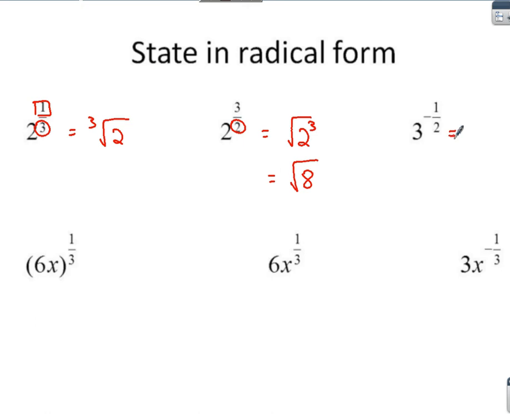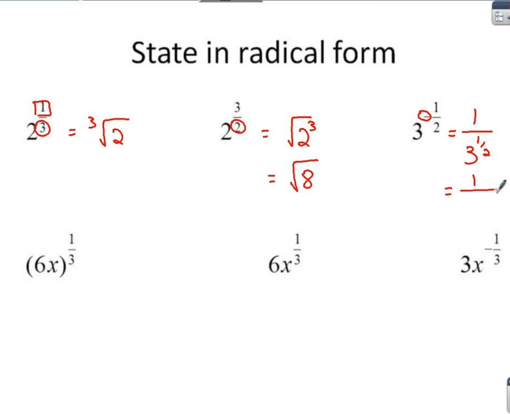Now, when you have 3 to the negative 1/2 power, because of this negative, we know using our negative exponent rules that some reciprocals are involved. I need to rewrite this as 1 over 3 to the 1/2 power. Now, with the radical form, I can take that 3 to the 1/2 power that's in my denominator.